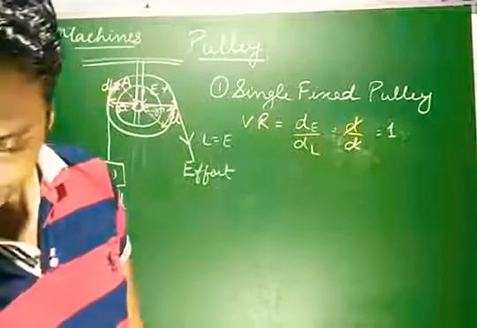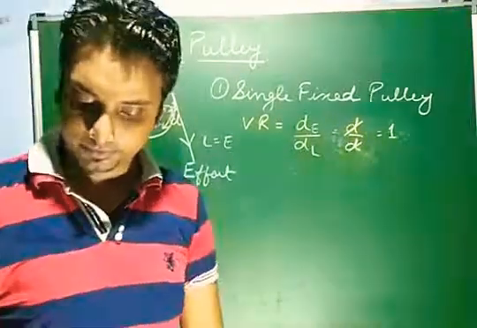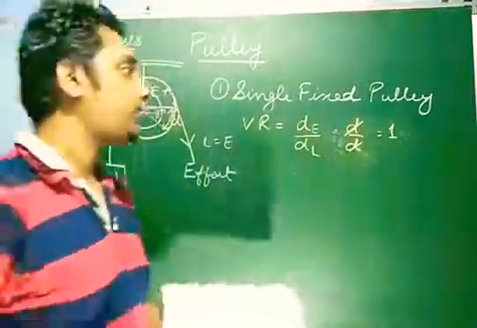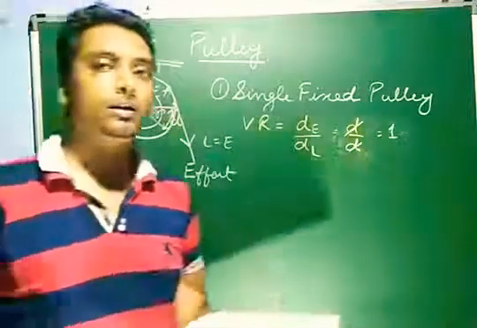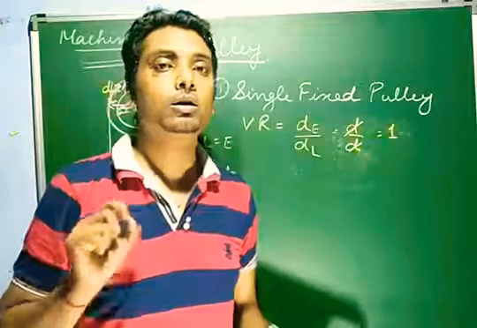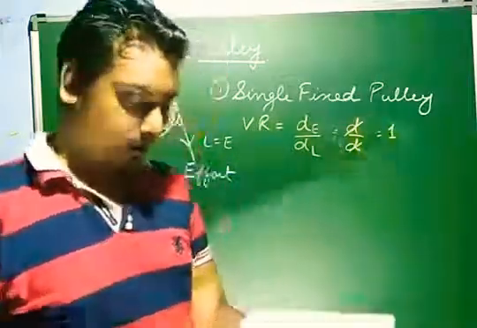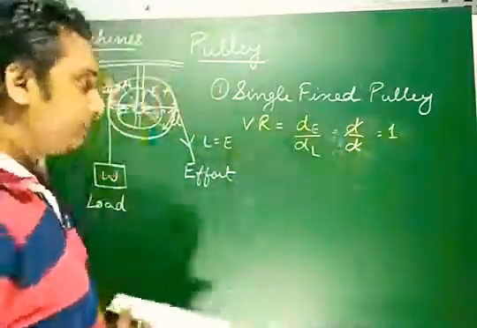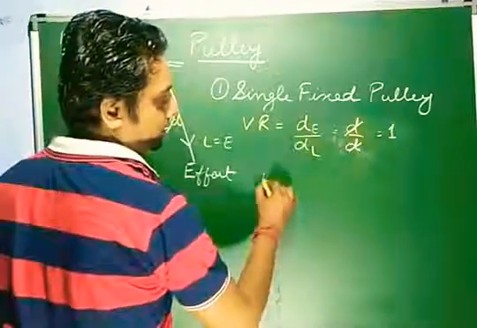So how much did we get? Velocity ratio is 1, and the mechanical advantage is also 1. Therefore, what will be the efficiency? We have read about efficiency earlier.